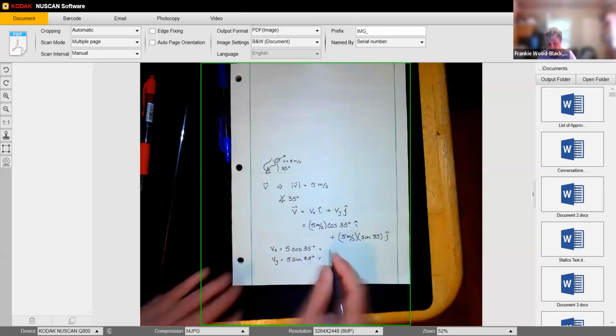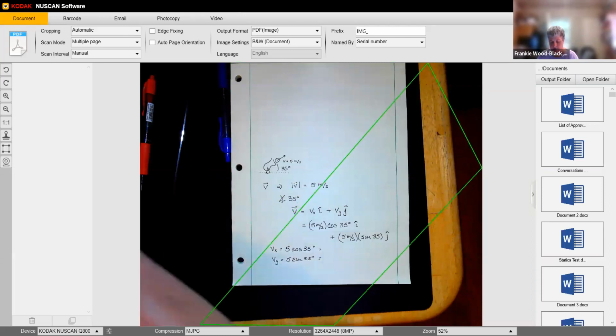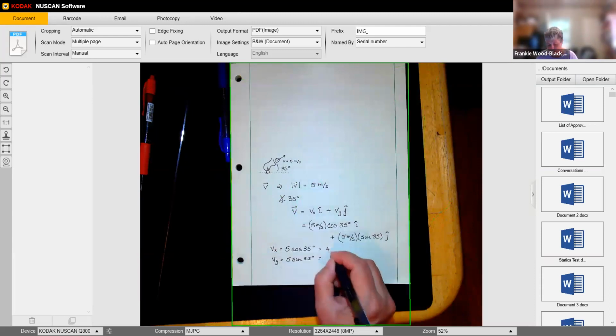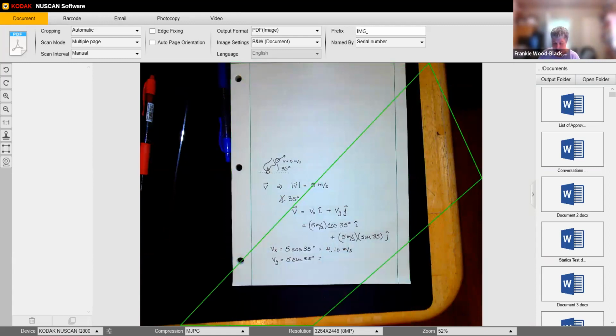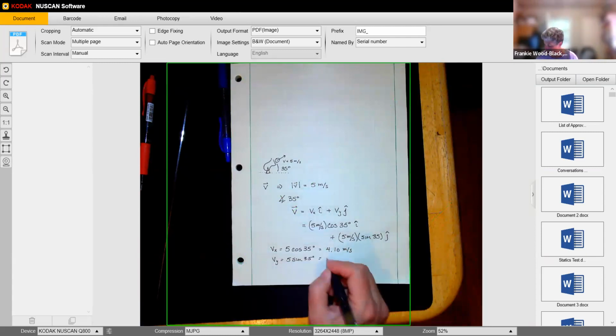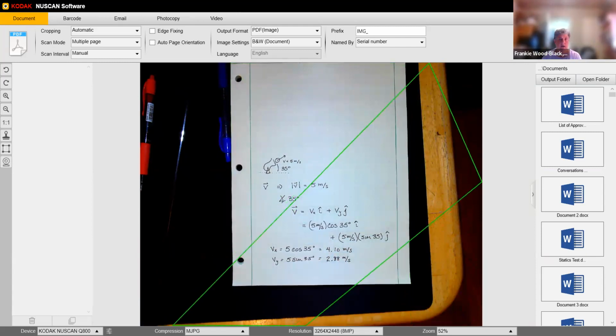And then if I do the calculation here, I get 5 times cosine 35, that gives me 4.10 meters per second. 5 times sine of 35 gives me 2.88 meters per second. And then I can do my Y direction and my X direction, whichever way you needed it to go.